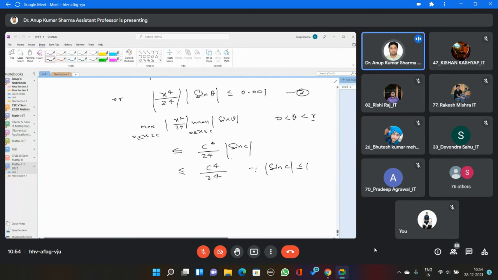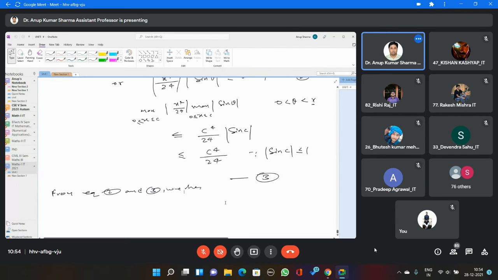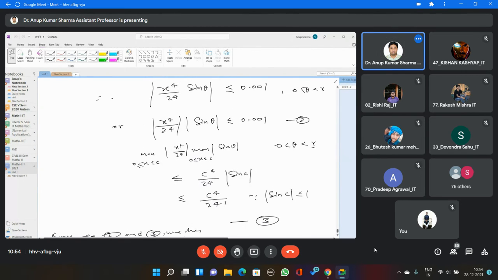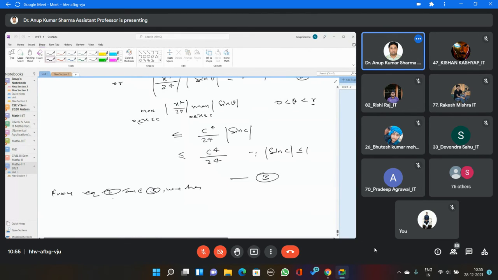So actually what we have to find is the value of c. That's why we have to remove the other terms by these inequalities. So this is equation number 3. So from equation numbers 2 and 3 we have, even at the maximum value of c, it will not go beyond this point.